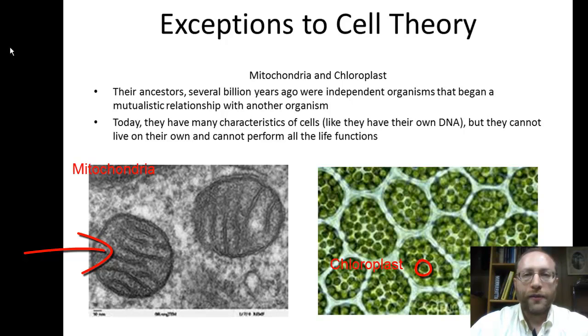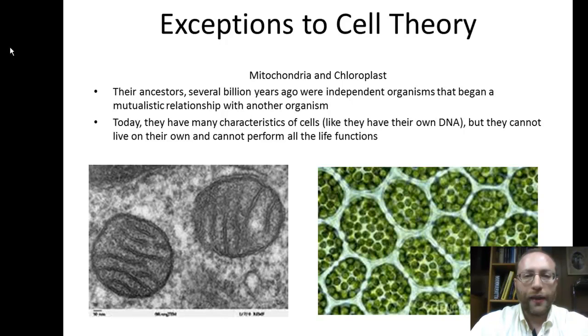For both of them, several billion years ago, back when everything was single-celled, their ancestors were single-celled organisms, and they entered into a mutualistic relationship with another species, and they actually went inside of it, and eventually both of the cells became dependent on each other, and the mitochondria and the chloroplast can no longer exist outside of the cell, and they don't perform all of the characteristics of life.